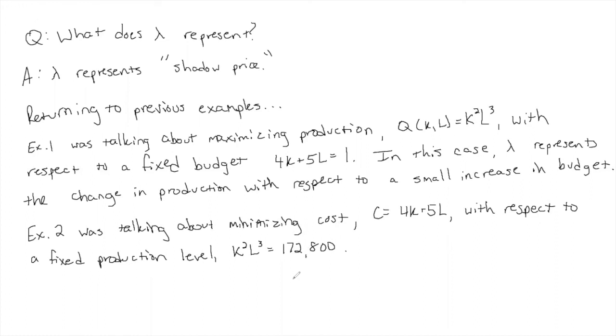Right? This says if this is my level of production, what is the minimum cost? What values of K and L give me a minimum cost? And that's really all that we're doing. And in this case, what does lambda represent?